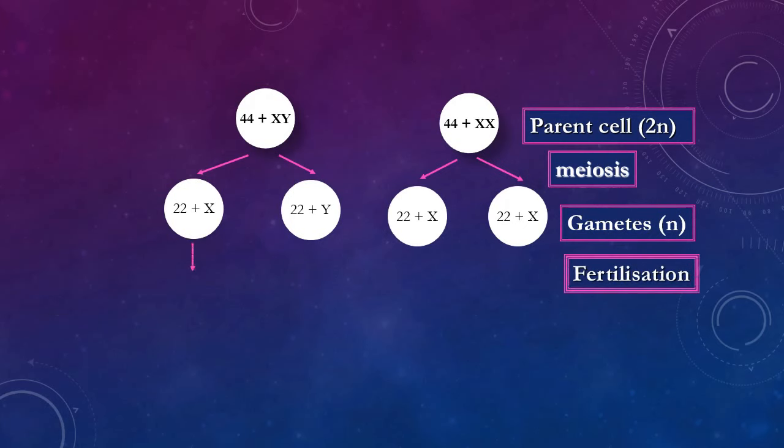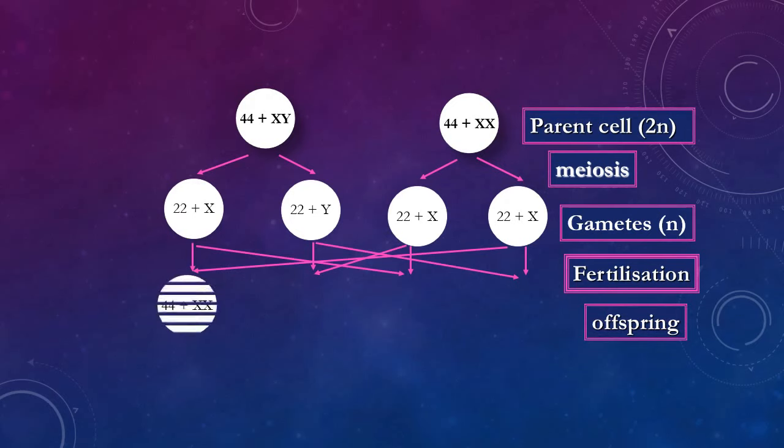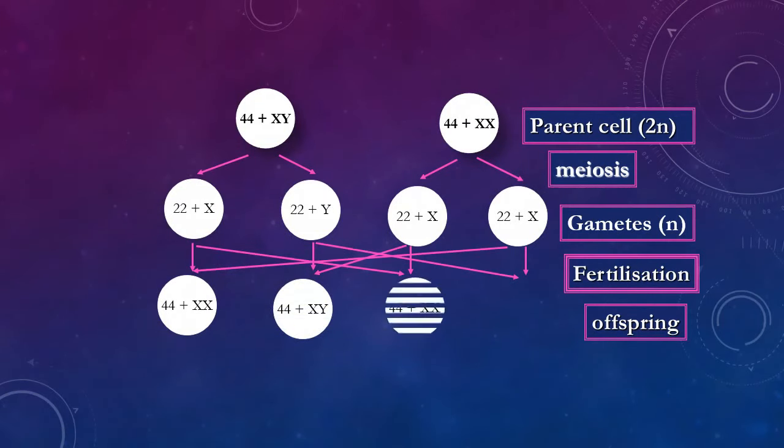During fertilization, when sperm fuses with ovum, the zygote is formed. The offspring that form will carry the chromosomal number 44 plus XX, 44 plus XY, 44 plus XX, and 44 plus XY.